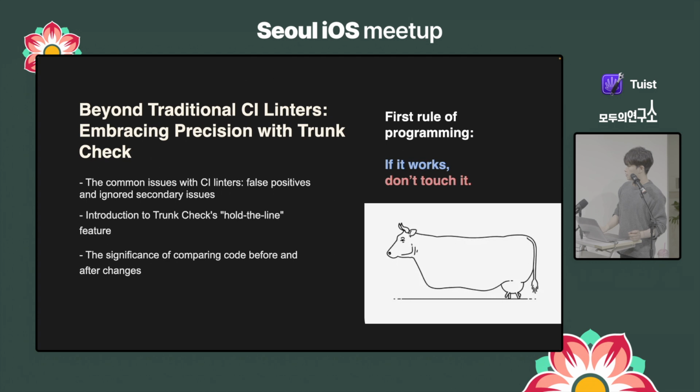Trunk check scans before you commit and after you commit, and compares the two. So when you change or refactor some code, even if you don't change the files, it can create some errors.